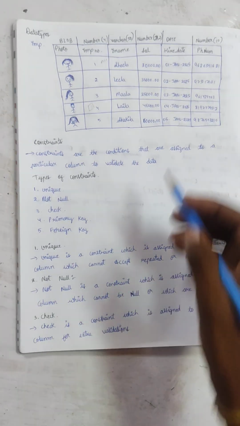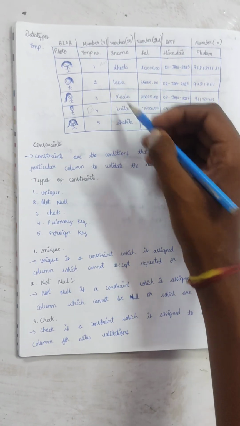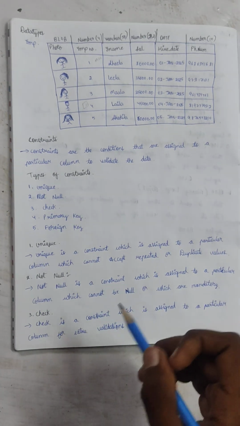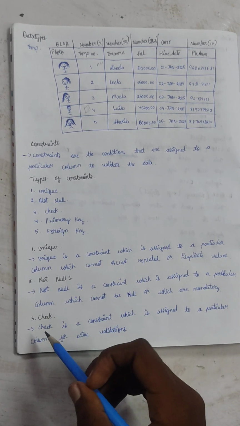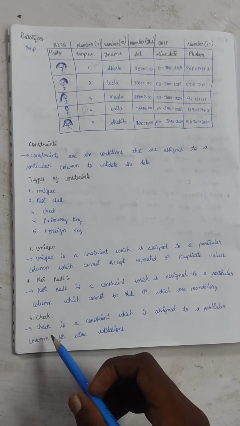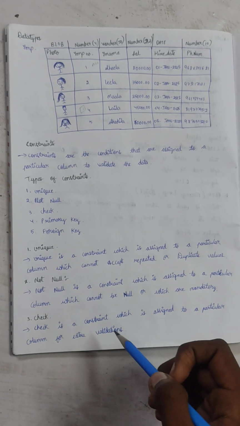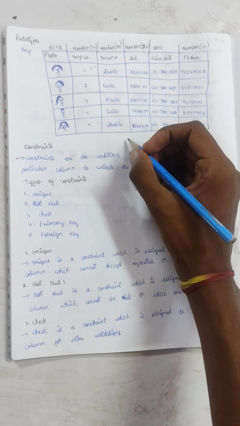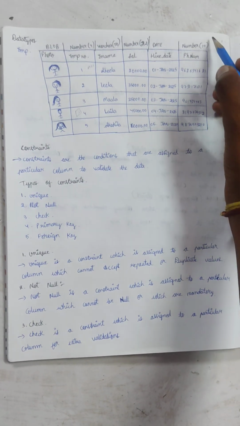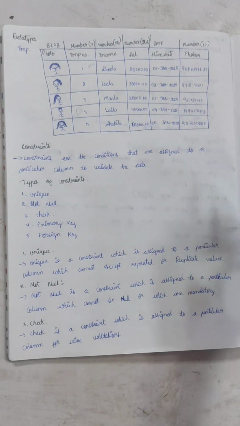Not null means that if we have any empty space in the table, it cannot be accepted by the SQL or database. Check is another constraint. Check is a constraint assigned to a particular column for extra validations. For example, in phone number we have 10 digits, and only then can we accept it.